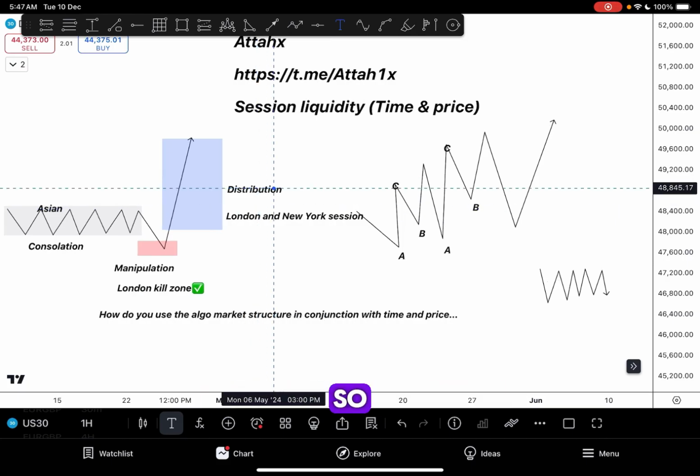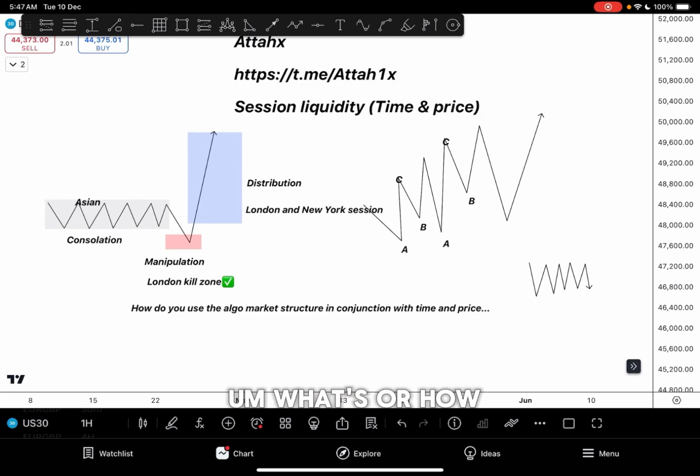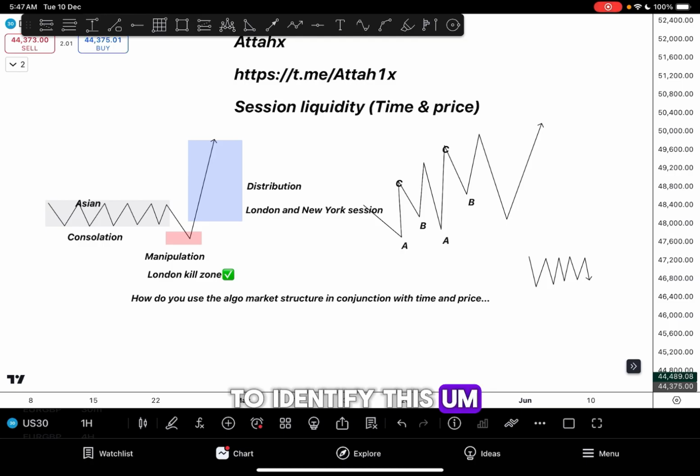Okay, so if you don't know how to identify these sessions, then you can go to your indicators on your charts, and search for sessions by Lux Algo, right?